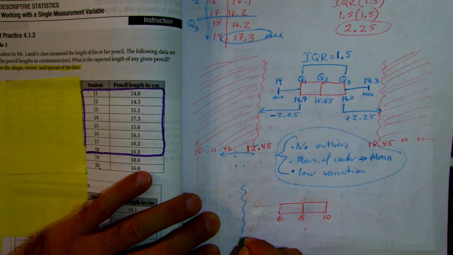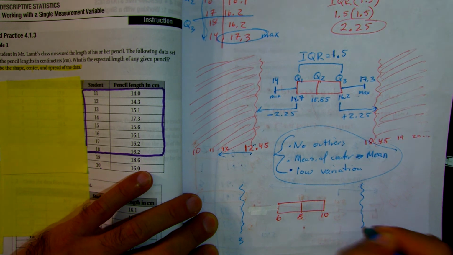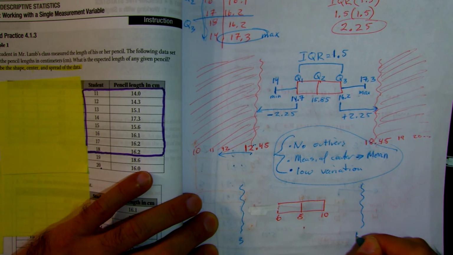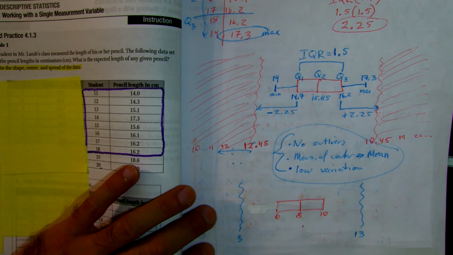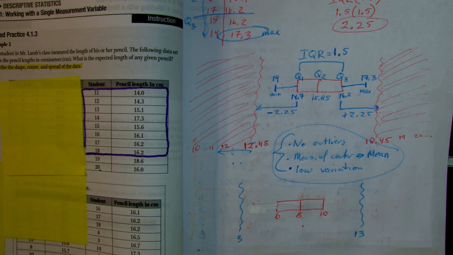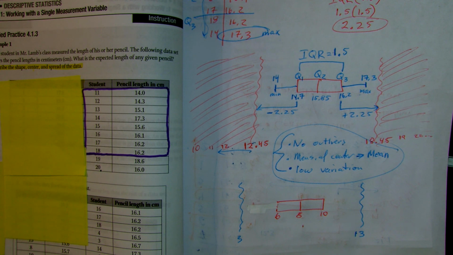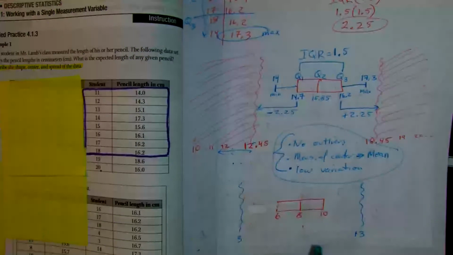Very easy game, guys. Everybody play. Get ready to put thumbs up, thumbs down, or in the chat, yes or no. Here is our outlier fence. It's this direction from 3 and that direction from 13.